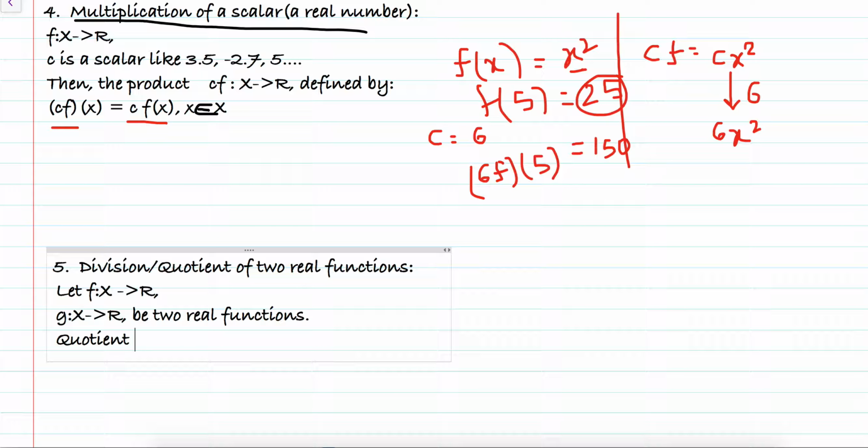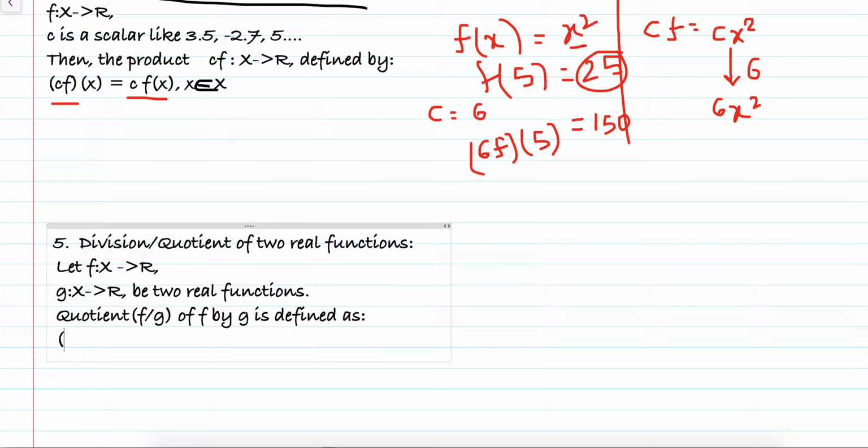So the quotient of f by g is denoted by f divided by g, and it's defined as (f/g)(x) is equal to f(x) divided by g(x), where g(x) should not be equal to 0, because if g(x) is equal to 0, then this whole ratio itself is not defined.